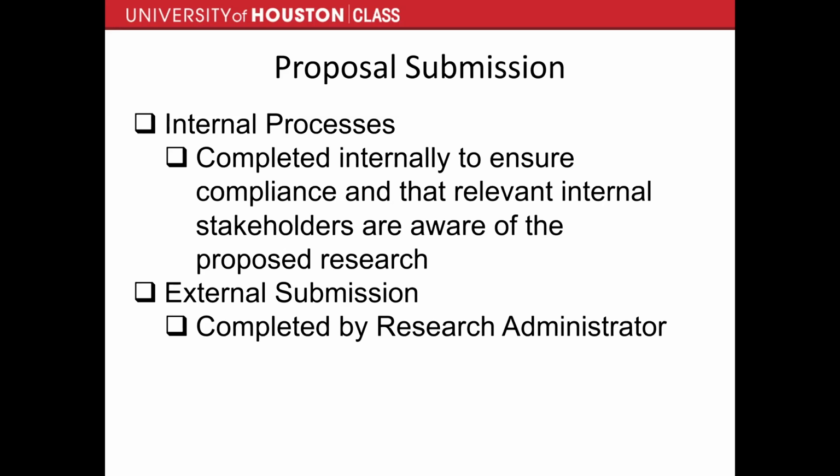You know, if there's any facilities and administration splits, if the collaborators are from our college or if it's from a different department or things like that. We also collect budget information, proposal information. So basically everything that you would need to complete the external process, the submission process, you would also need it for the transmittal process.